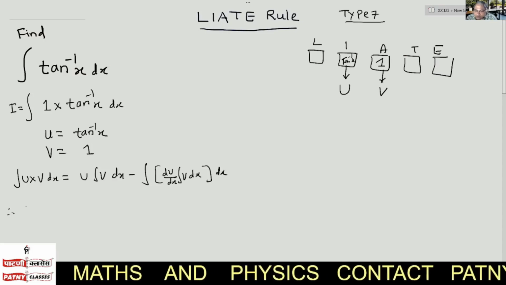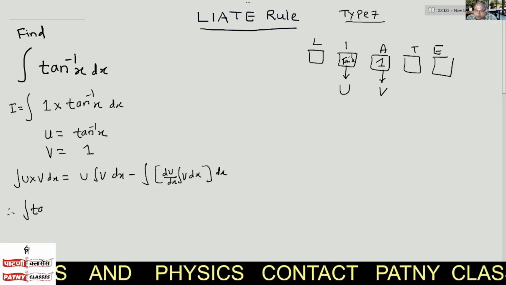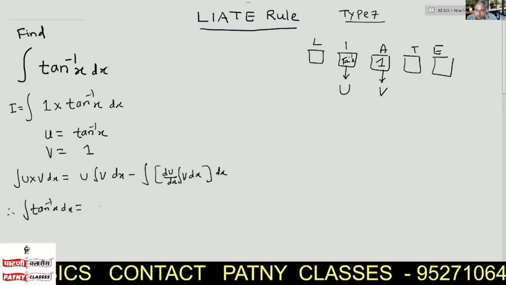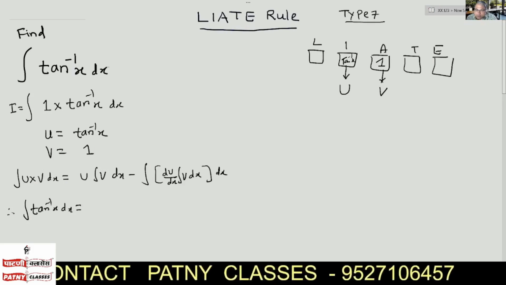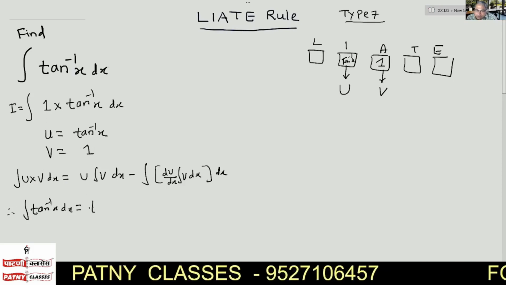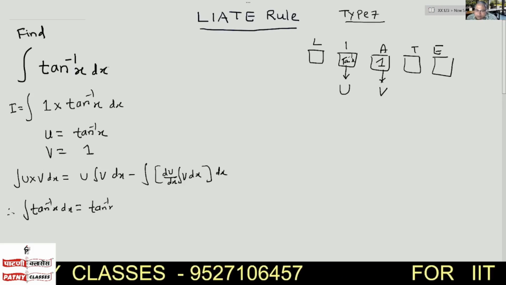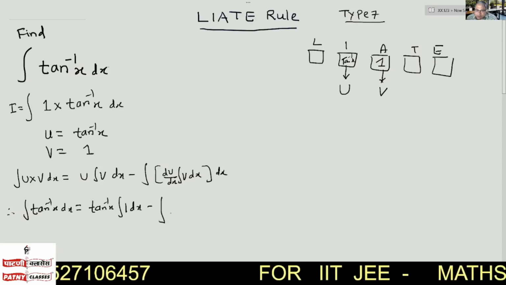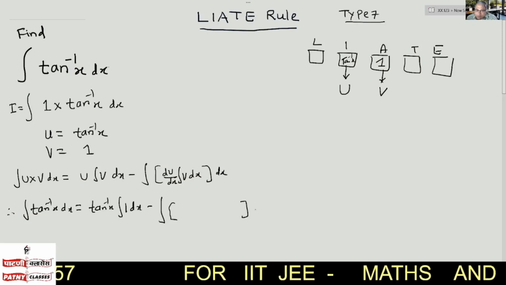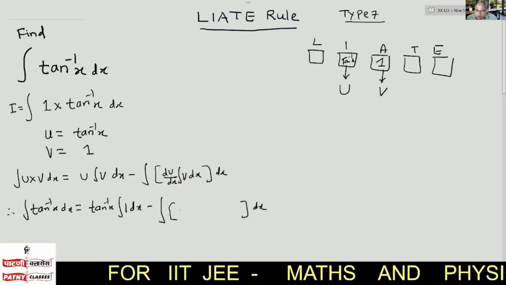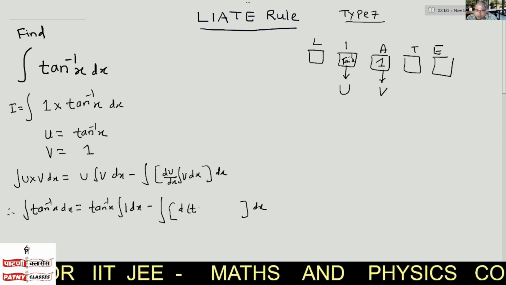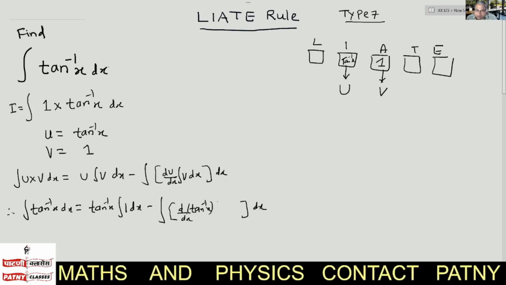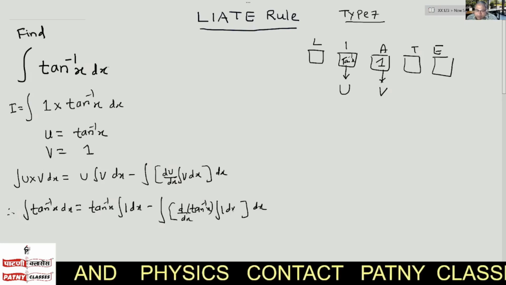Therefore, integration of tan inverse x with respect to x equals to 1. What is the u? U equals tan inverse x, integration of v, that is 1 dx, minus integration of box, and inside the box what is that? The derivative of tan inverse x with respect to x, integration of 1 dx.